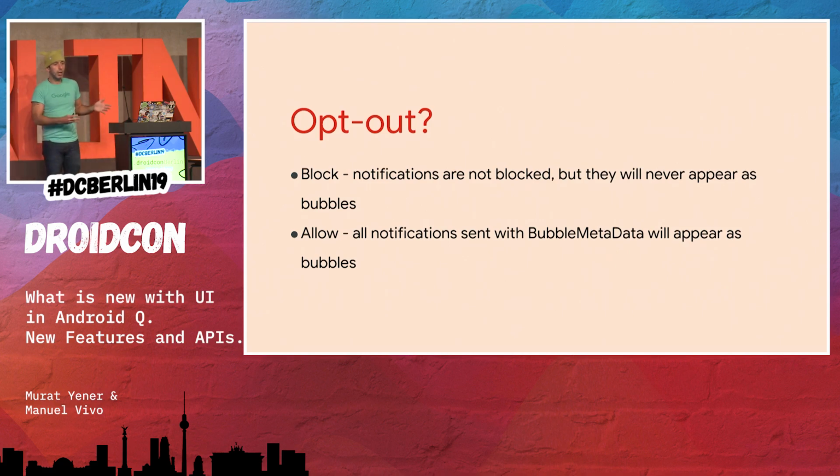If they choose to allow, any notification with bubble metadata will be shown as a bubble. If they decide to opt out, your bubbles will still be shown as a regular notification. So they won't go away.